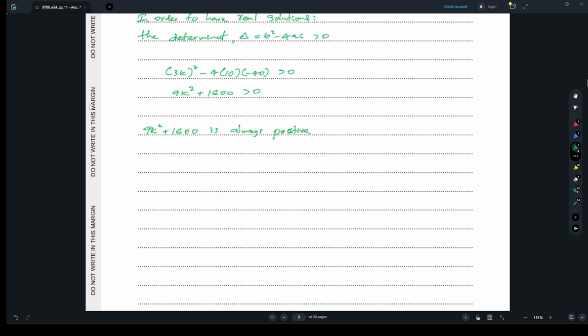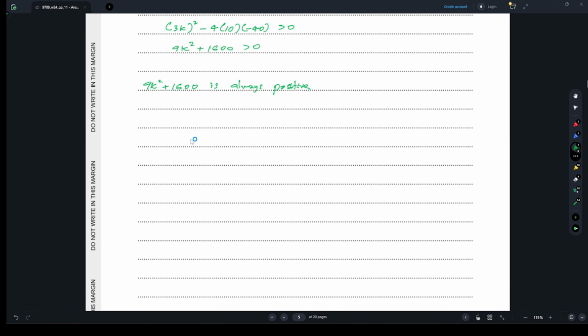What is the meaning of this inequality? We have 9k squared plus 1600 greater than 0. It means find the k values which give positive answers on the left side. But there is nothing to do here because it is always positive, by logic.